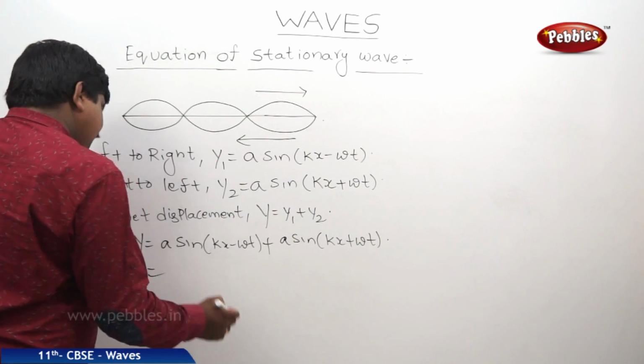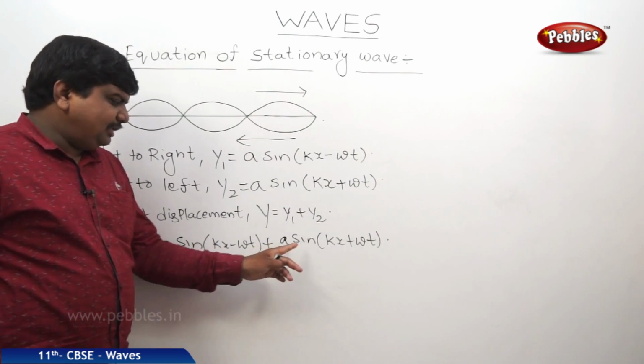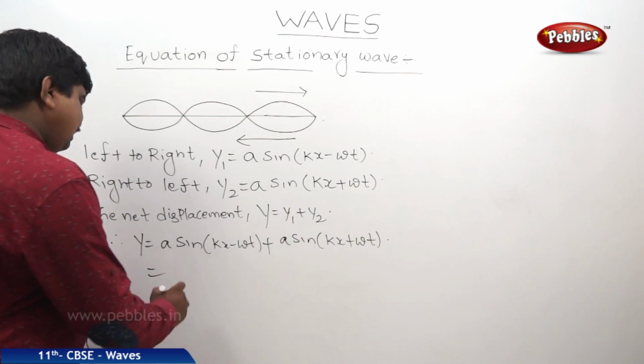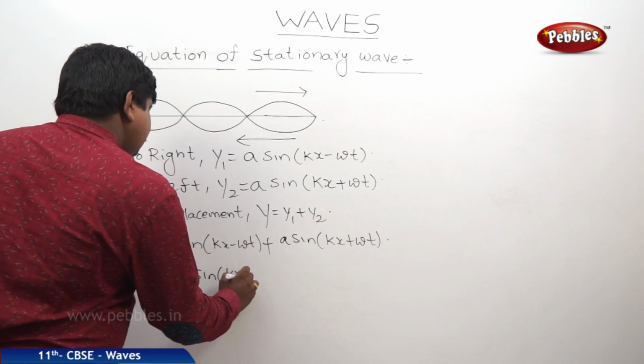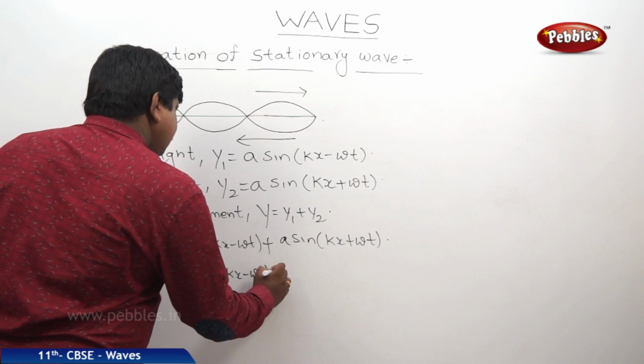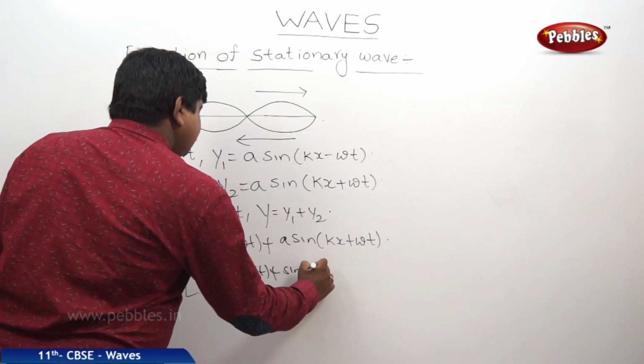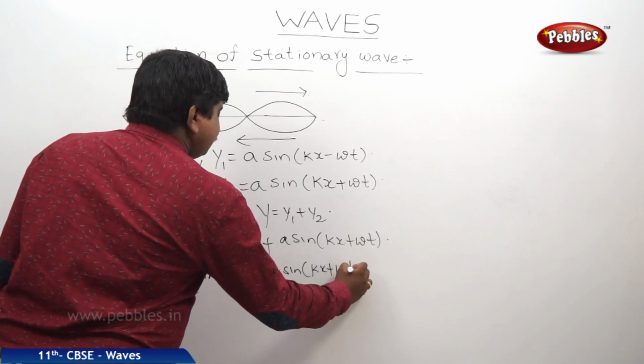So here it is sin(a minus b), here it is sin(a plus b). Taking a common, this is sin(kx minus omega t) plus sin(kx plus omega t).